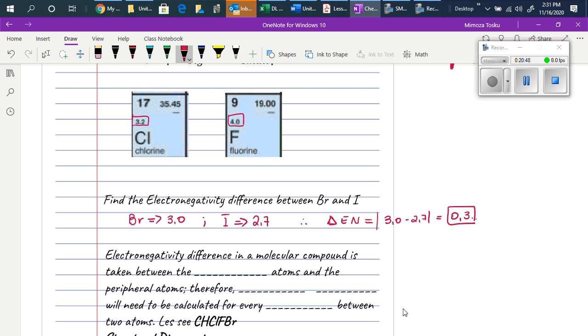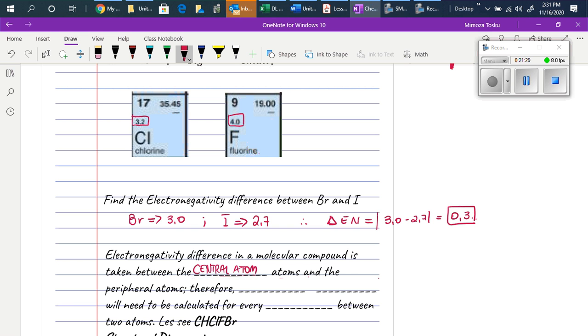Okay, the electronegativity difference is taken between the central atom and the peripheral atom. So when we have a compound, and we talk about a central atom for a molecular compound, we will see the electronegativity difference between the central atom and the peripheral atom.